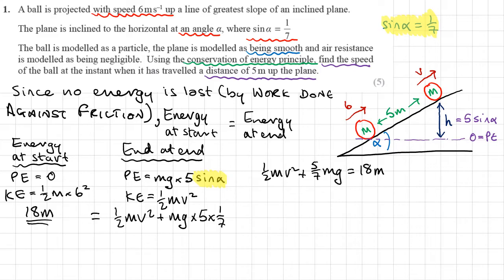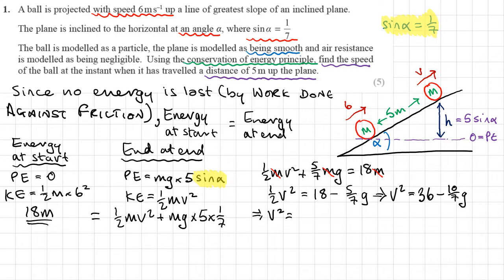So the first thing I can do is cancel out all the m's, leaving me with half v squared is equal to, I'll move the 5 over 7g over, so I've got 18 minus 5 over 7g, times both sides by 2, so I'll get v squared is equal to 36 minus 10 over 7g. So let's put that on our calculators and work out what v squared is equal to.